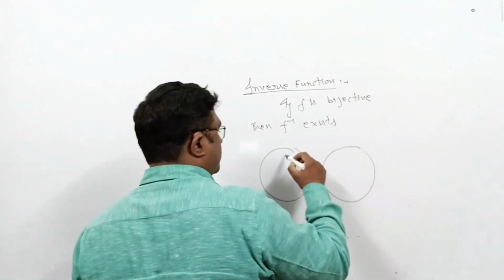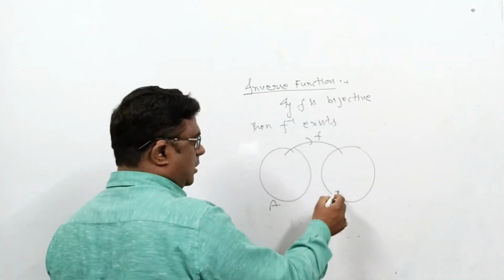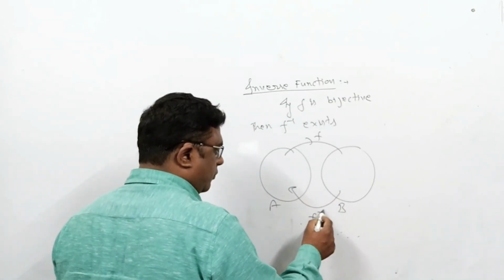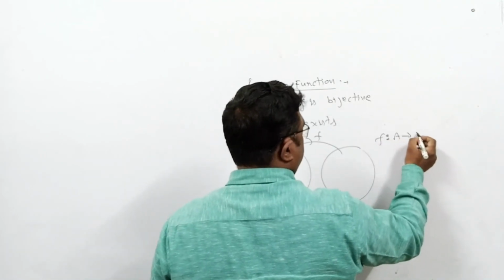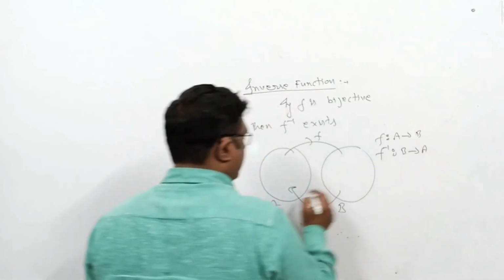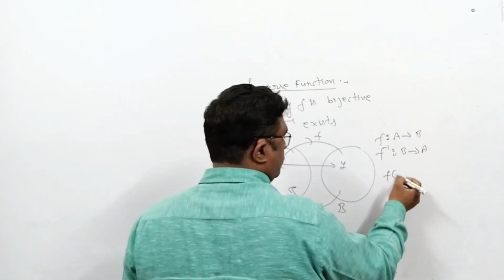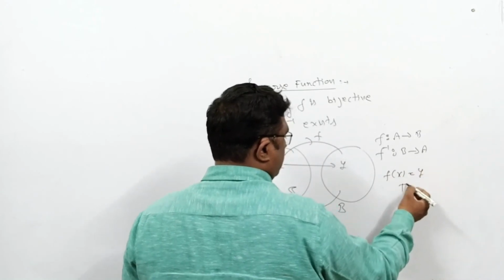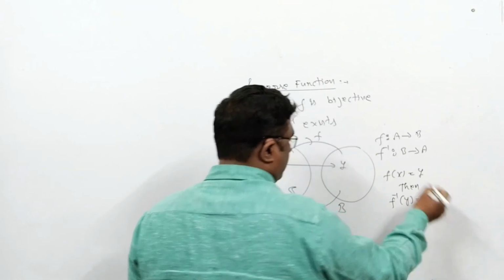Suppose f is a function from A to B, then f inverse will be a function from B to A. So f is a function from A to B and f inverse is a function from B to A. If the image of x is y, then the f inverse image of y will be x.